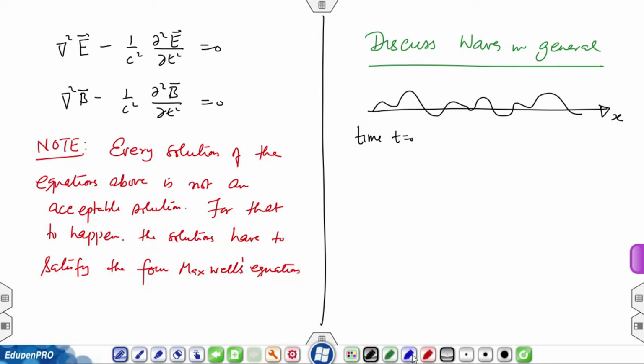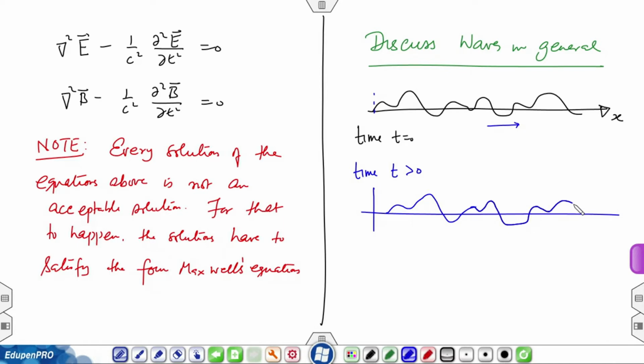As time progresses, so let us say time t greater than 0, suppose this disturbance is traveling to the right. I will not be able to reproduce this exactly, but what is going to happen is this point is going to shift. So, it is going to look something like this.